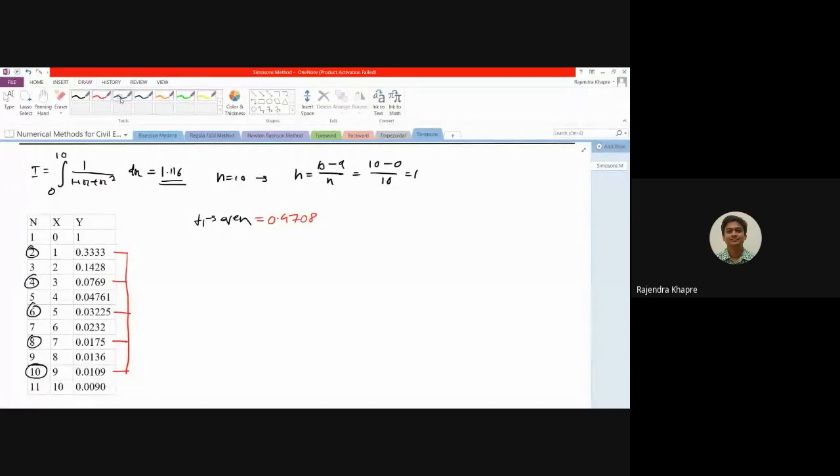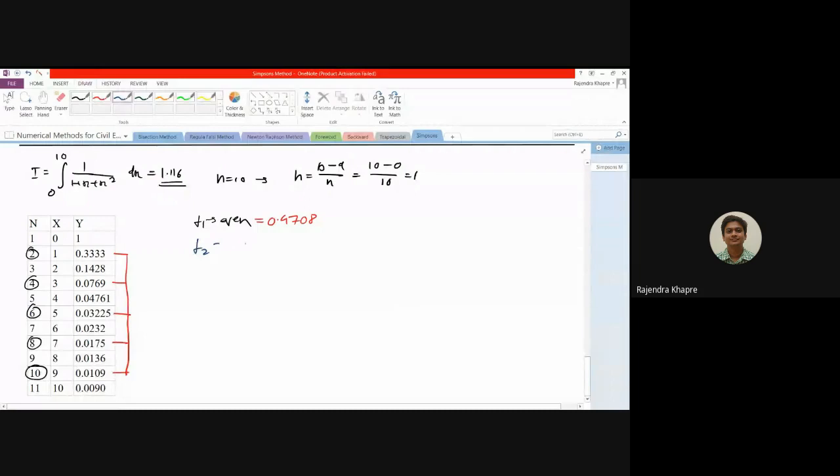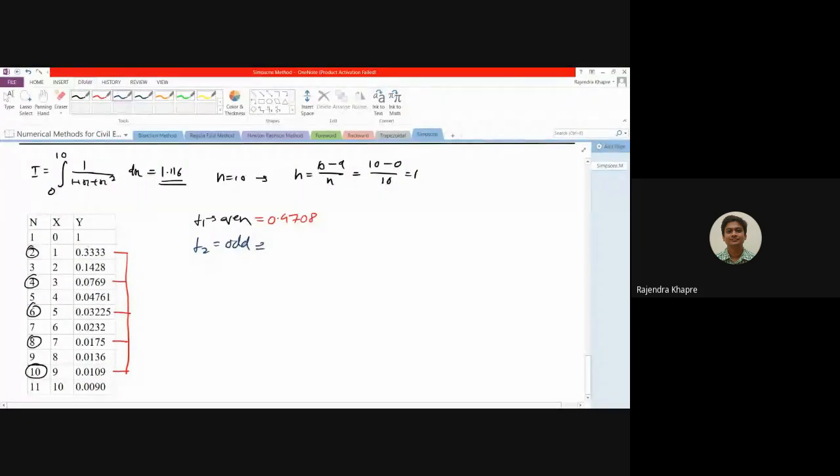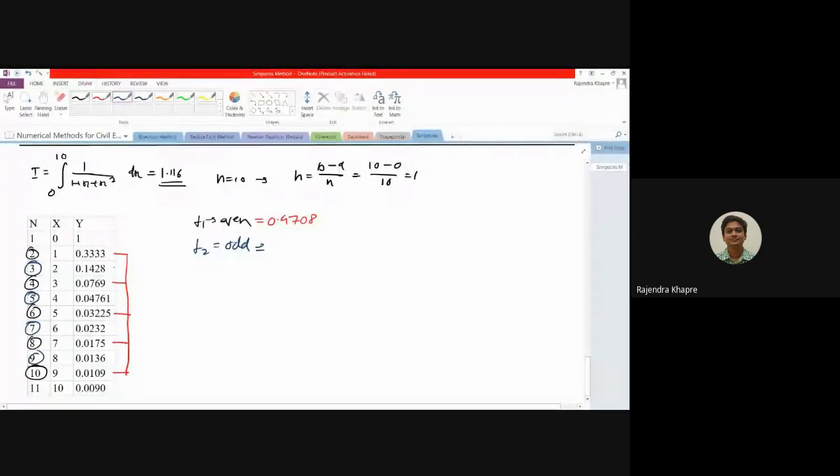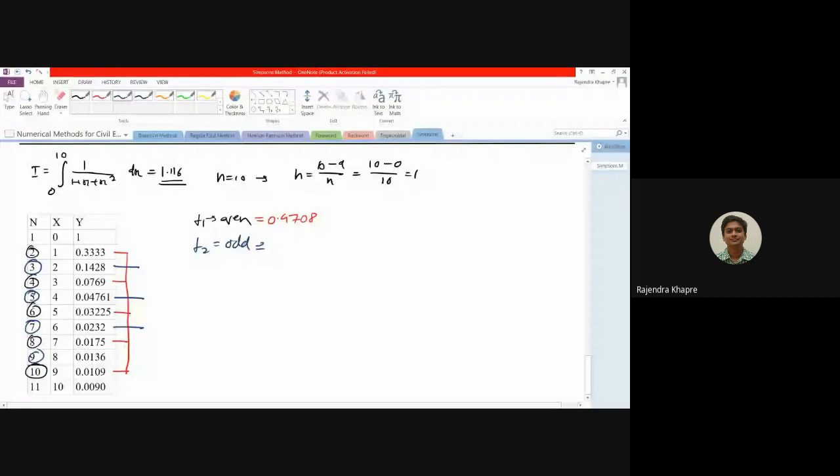And as far as your T2 is concerned, T2 is nothing but the odd terms. So odd terms are 3, 5, 7, and 9. They are basically this term, this term, this term, and this term.